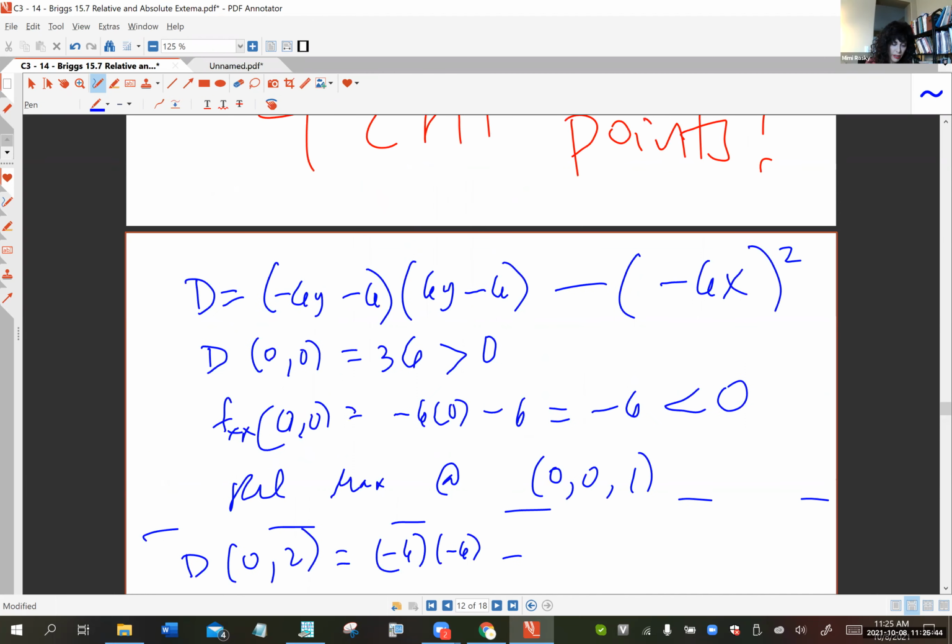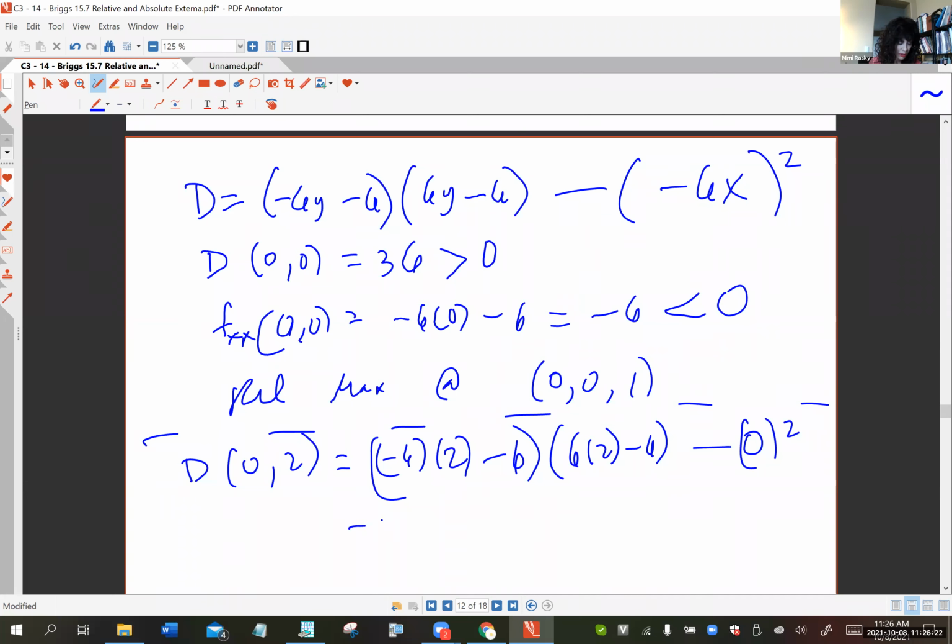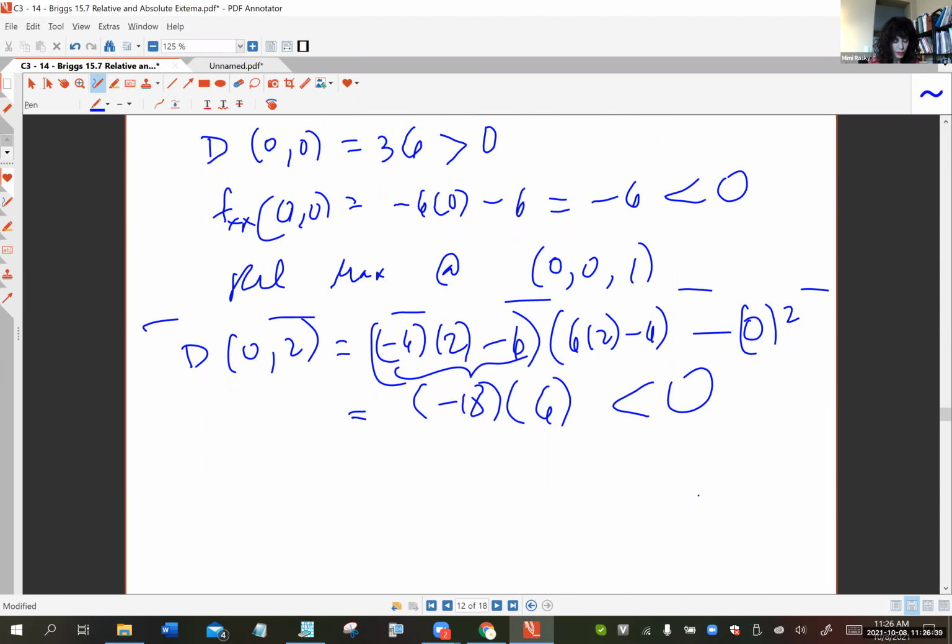So you're going to have, this is what, negative 18 times 12 minus 6. So that's going to be something positive 6. This looks like it's going to be negative. So now what? Saddle point. Because we got a negative D.